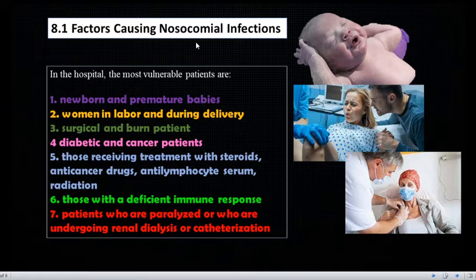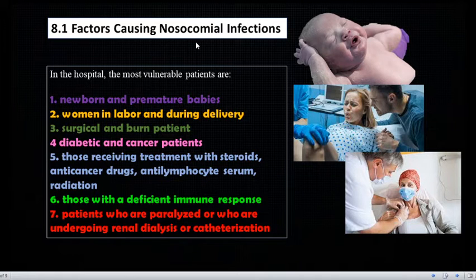So, during the years, 'di ba, we are very thankful for Lister and, do you remember Lister and Semmelweis, because they are the ones that developed the aseptic techniques. So, until this day, we are still practicing aseptic techniques. Okay? Kasi yung aseptic techniques natin, class, they actually decrease the rate of nosocomial infections considerably.